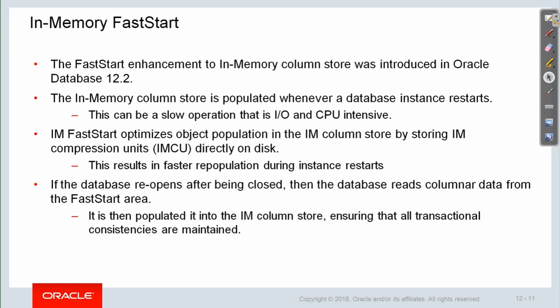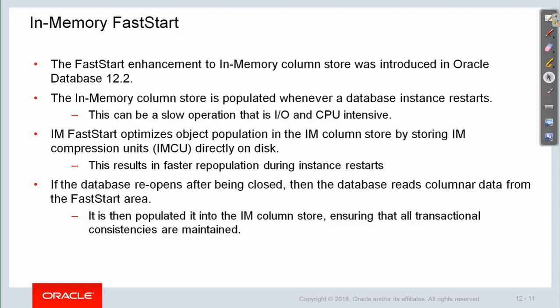There could be many reasons. If that is the case, the data stored in columnar format must be flushed out. And the next time you restart the instance, we have to wait until memory is warmed up to get the same benefit. So that is a challenge because that will require additional resources, and that will affect your analytic queries.